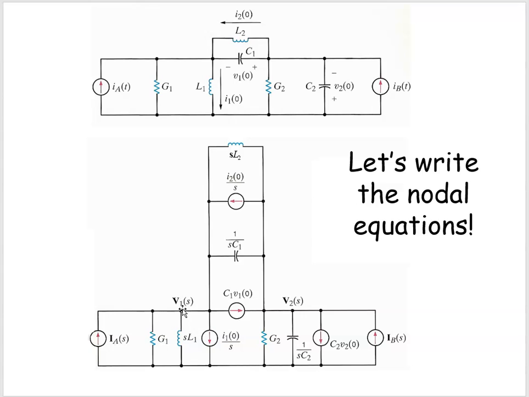So our current is V divided by Z, or V times Y, V times our admittance. So we could have written these instead of writing SL1 in terms of ohms or its impedance, as 1 over SL1 in terms of the admittance with a unit of siemens. That might make more sense here, but it's not shown that way.